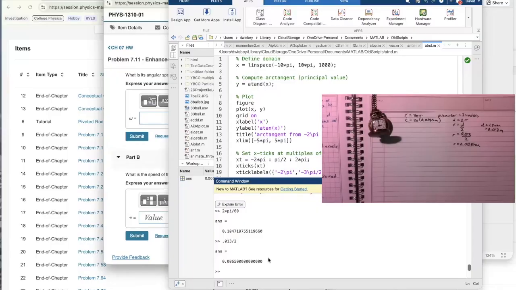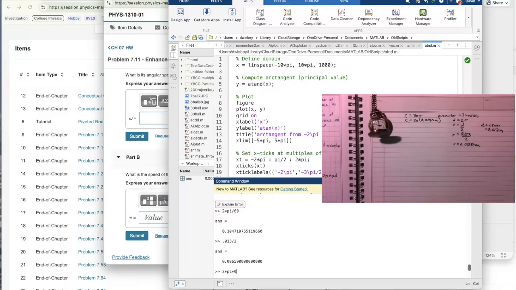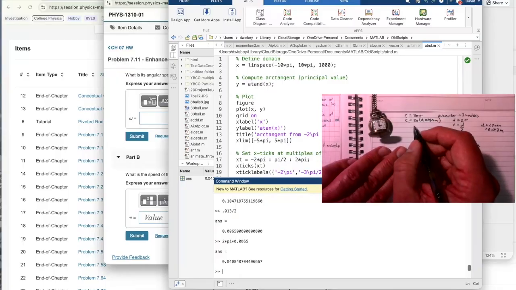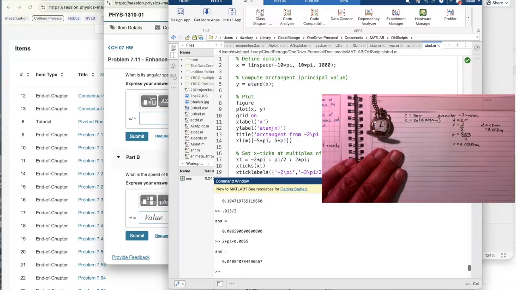So that is going to be 2 times pi times 0.0065. All right.